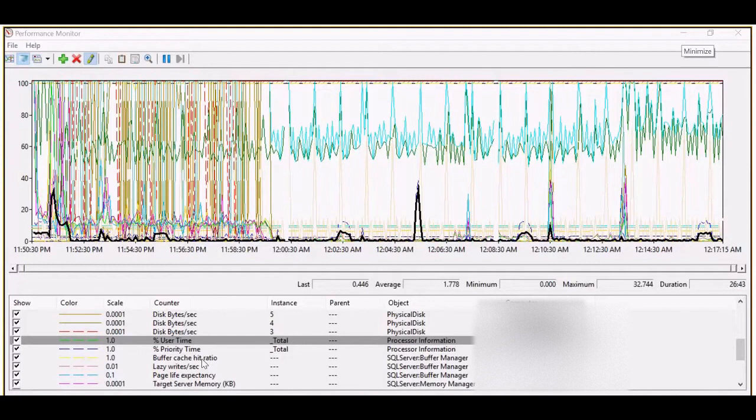And then there's some SQL stuff, as far as query optimizations or plans. If you have missing indexes, you're going to have higher CPU. Plans, compiling, recompiling plans. Inefficient queries.